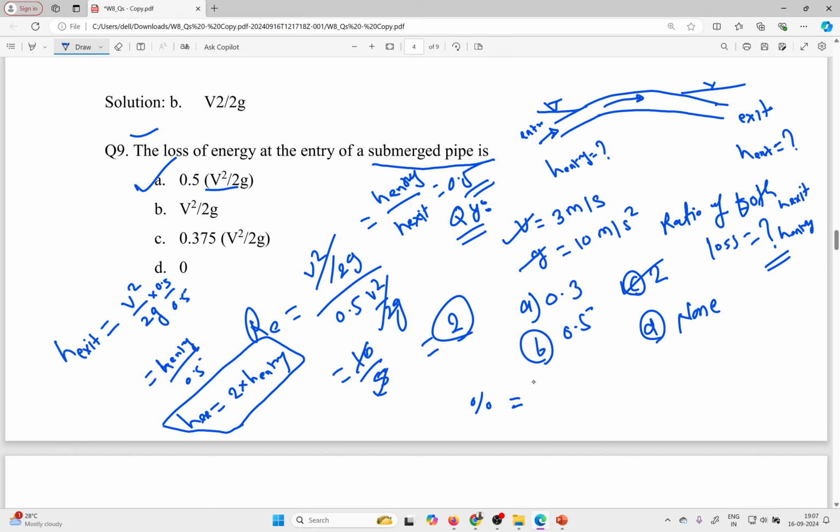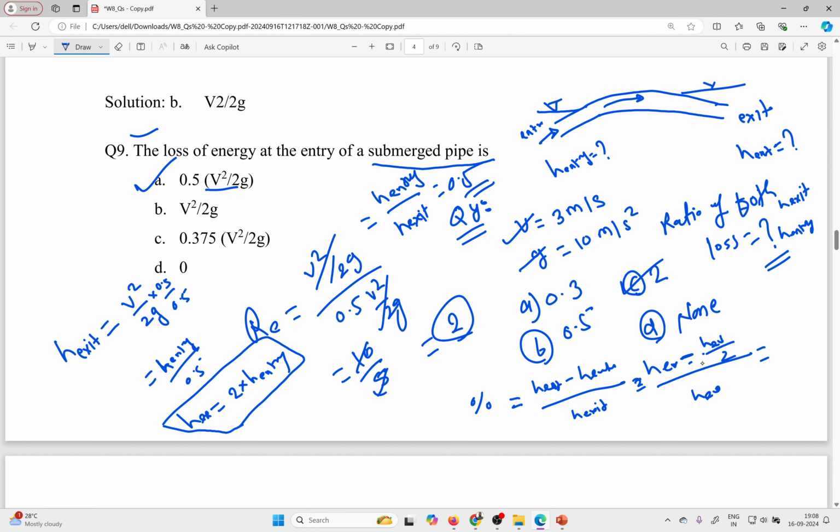You calculate H exit minus H entry with respect to H exit. So H exit minus H entry, where H entry is H exit divided by 2.